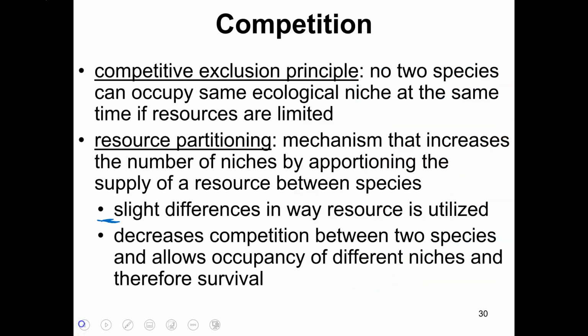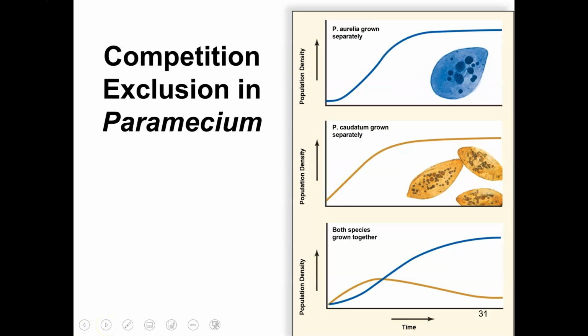So now let's go back to competition. And so here is an example of 2 paramecium in a laboratory setting. When they grow separately, both species can grow very effectively within a population.